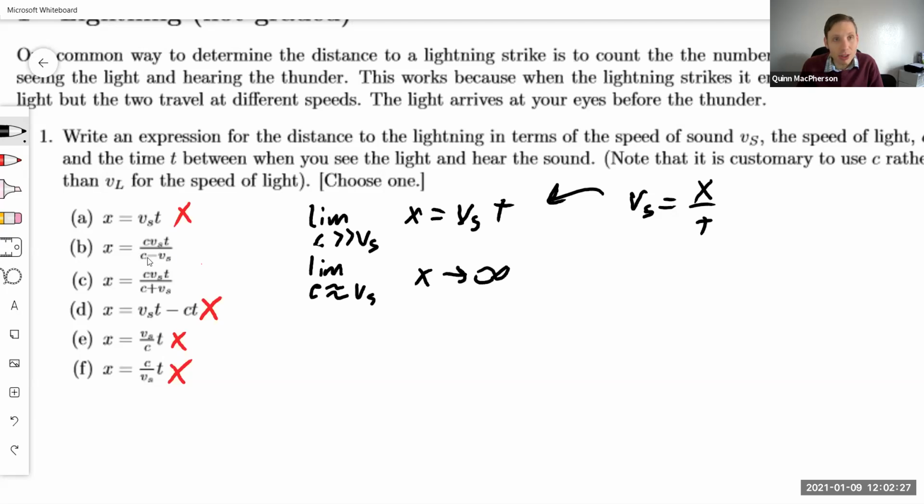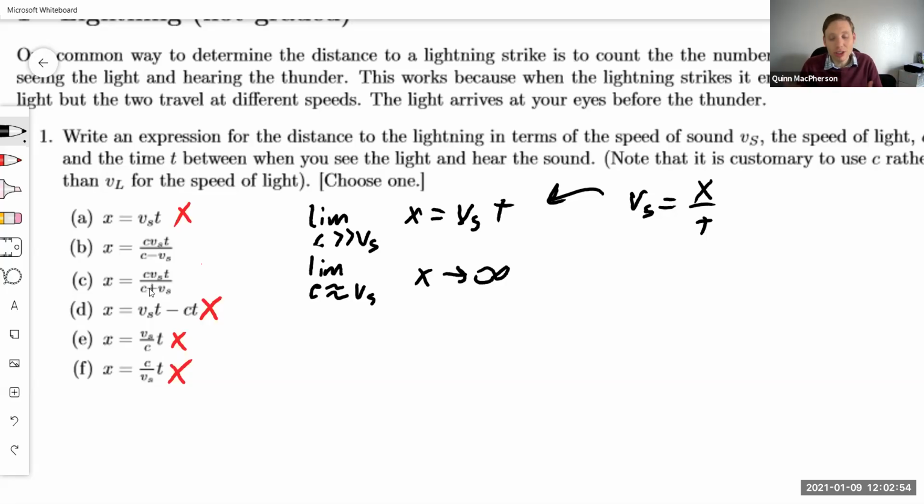So if they were about the same here, the c and vs would nearly cancel, because they're almost the same. So one minus the other would almost give you 0. You have near 0 in the bottom, which would give you a really large numerator. So this one could be the case. This one, however, option c, could not, because then the vs and the c would be added.